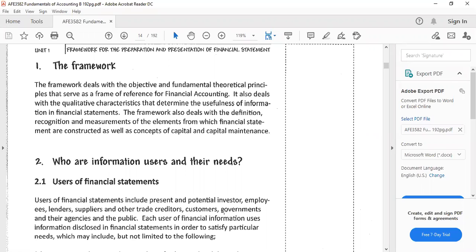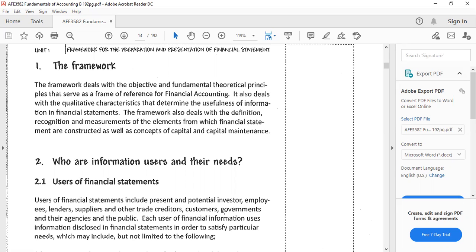It's just theory of the presentation, how financial statements are prepared, in what format, with what policies do they use to present financial statements. What you need to know in this unit are just definitions of terms, such as the framework. The framework deals with the objectives and fundamental theoretical principles that serve as a frame of reference for financial accounting.